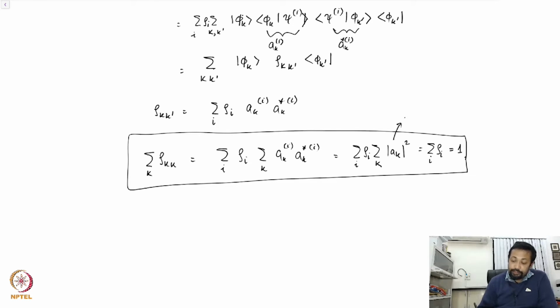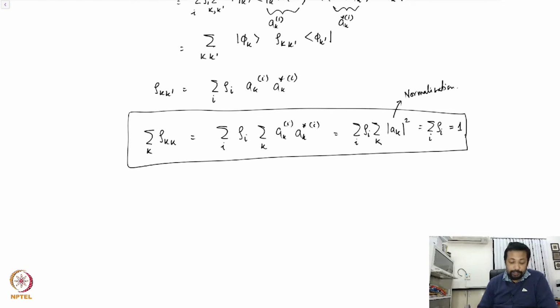Because the sum over k of mod a k square being equal to 1 follows from the normalization of the wave function, and the total of probabilities, the sum over i of rho i, must be equal to 1. So this is the normalization condition that we can have, correct? Good.